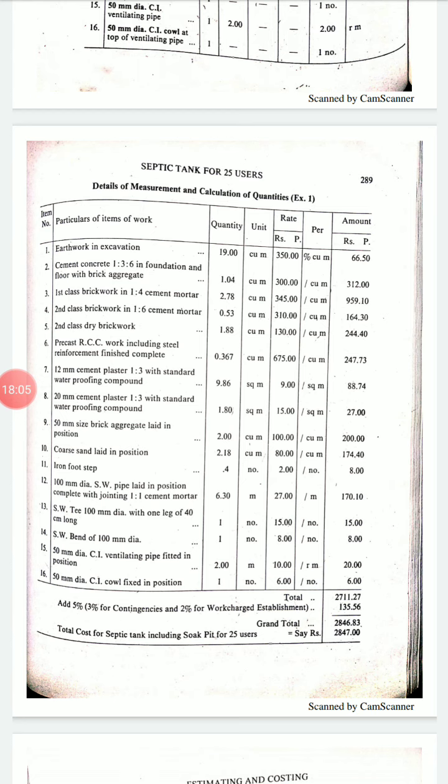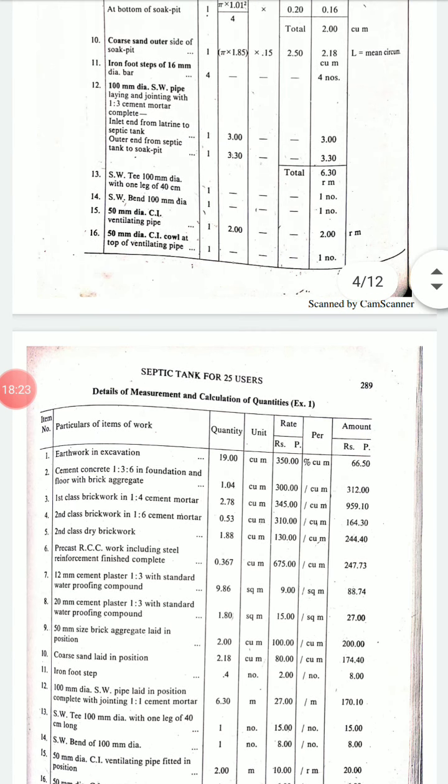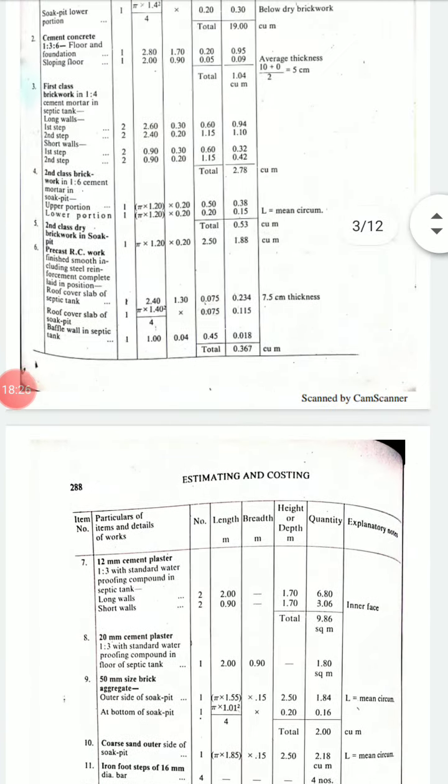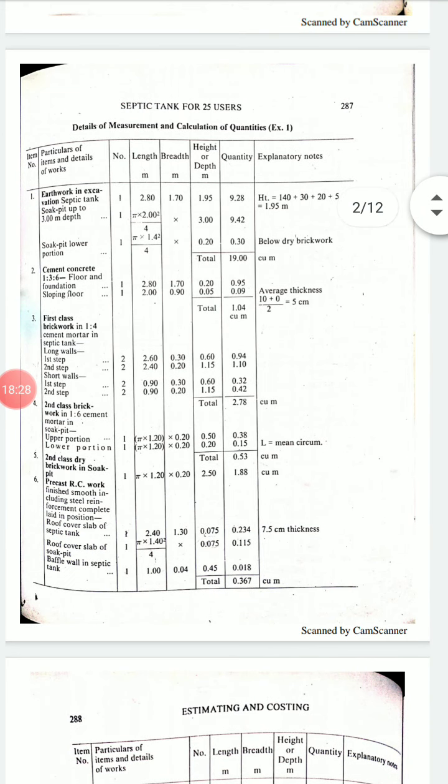Work out the quantities and cost of the following items of the work, like earthwork in excavation at rupees so and so, and first class brickwork in cement mortar 1:3 and so on. So they will be asking like this, but we don't know which question they are going to ask. That's why you have to practice all the things.